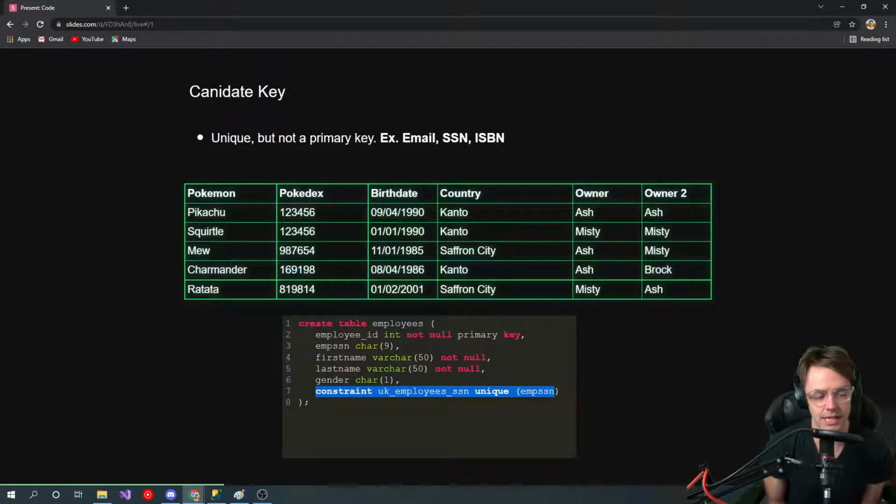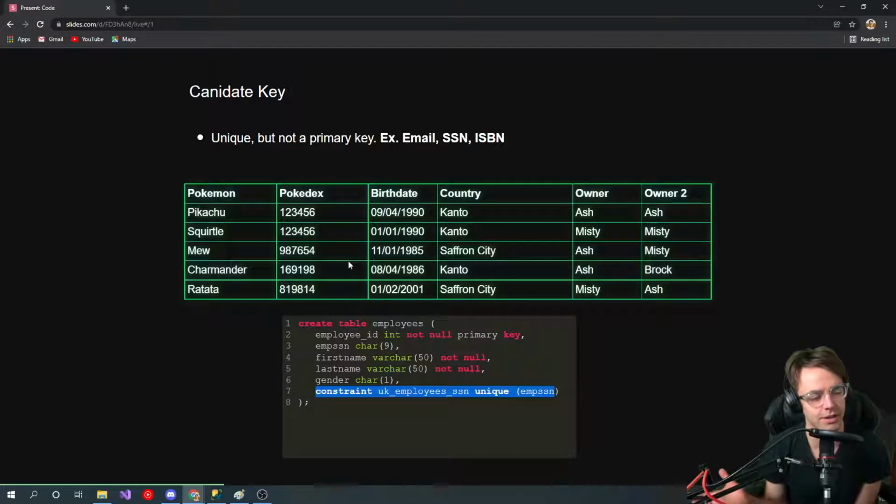A good example of a candidate key would be a social security number, an email, or a Pokédex ID. Right here we have this column called the Pokédex ID, and it is a candidate key because it's not a primary key, it's not a foreign key, but it's still unique. It's almost like your social security number.